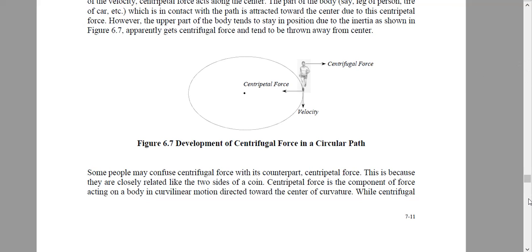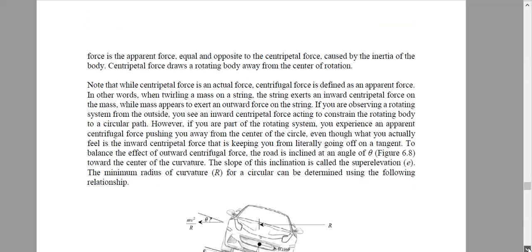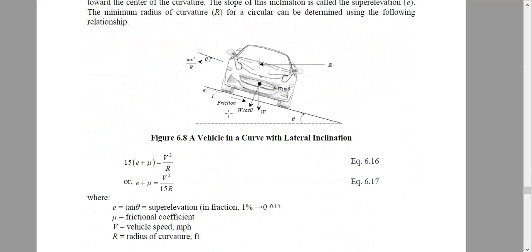If I show you another figure, what we do is raise the outside of the road so that the weight component of the vehicle, W sine theta, will protect me from that centrifugal force.